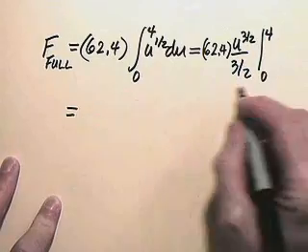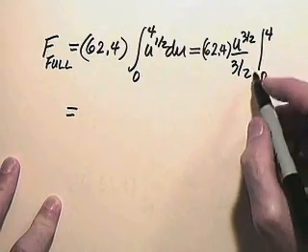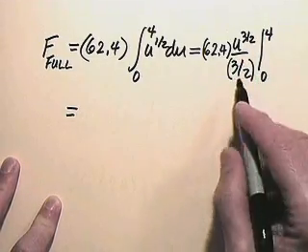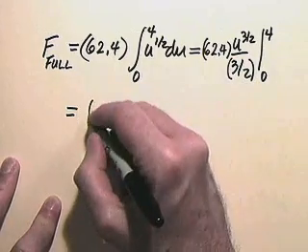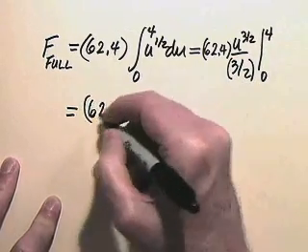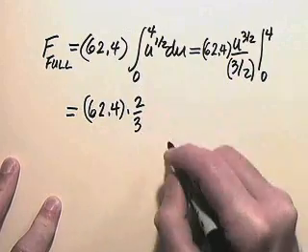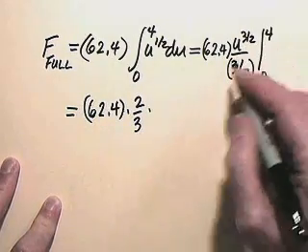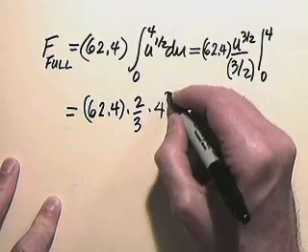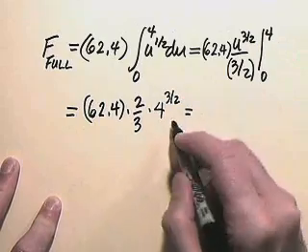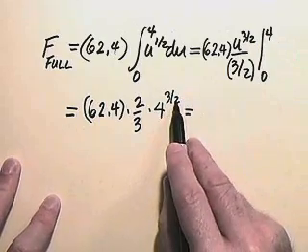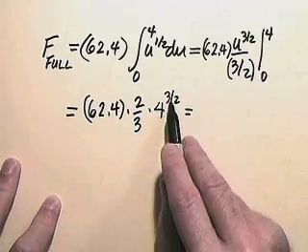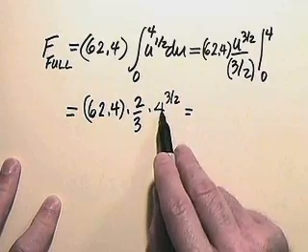Of course, the lower limit 0 contributes nothing. The 3/2 down here in the denominator becomes a factor of 2/3. So we have 62.4 times 2/3 times, substitute 4 in for u, 4 raised to the 3/2 power. Well, 4 to the 3/2 means the square root of 4 cubed, and the square root of 4 is 2.